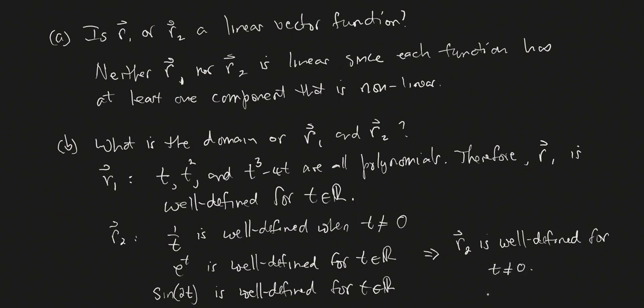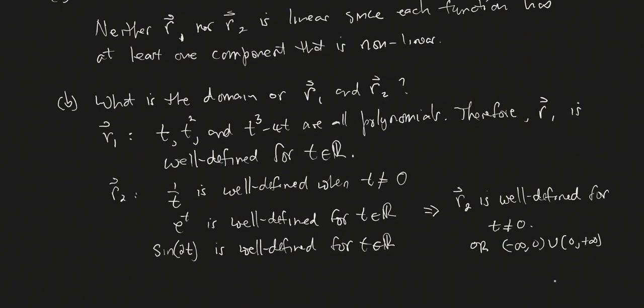Alternatively, you can use interval notation for the domain of R2, and you can also use inequalities. Or you could say that t has to be less than 0 or t has to be greater than 0, right? So any one of these will suffice as far as describing the domain of R2.